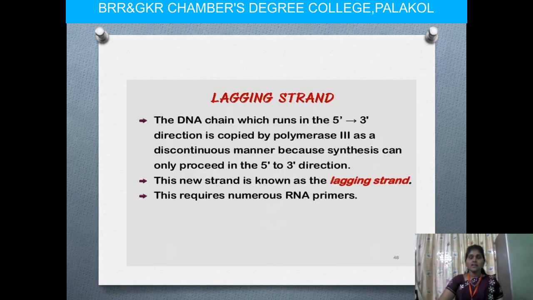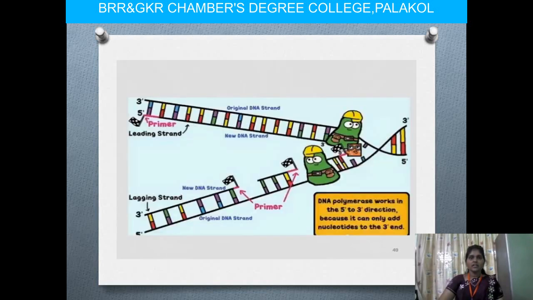Here I also talked about lagging strands and leading strands. The lagging strand has some gaps between the pieces. It is also called Okazaki fragments. The leading strand is produced without gaps.